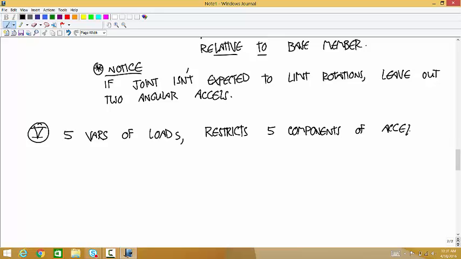This one actually, I should say, these are both up to 5 in the same way that the last one was up to 4. You'll have some cases where this kind of joint isn't expected to restrict rotational accelerations. Okay, so this one looks like this.